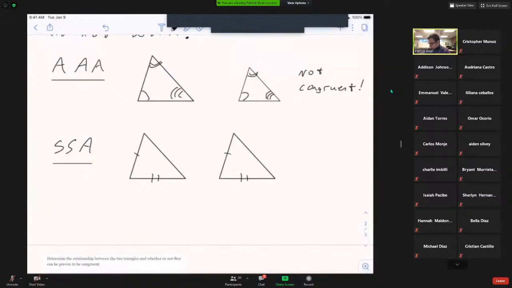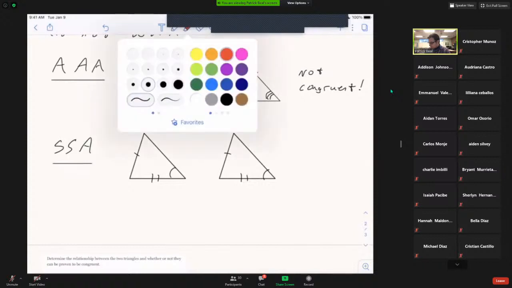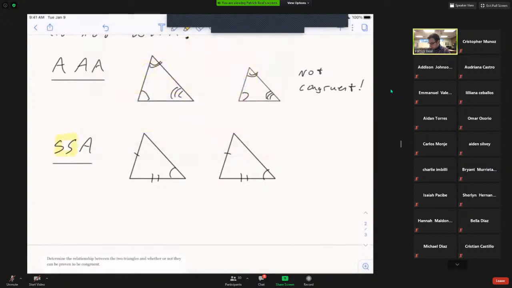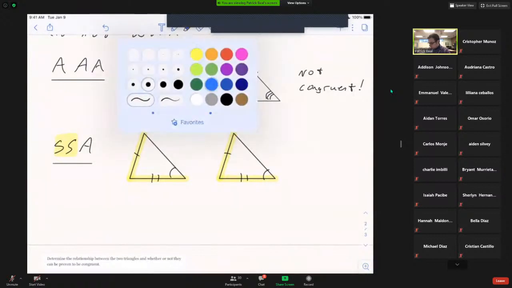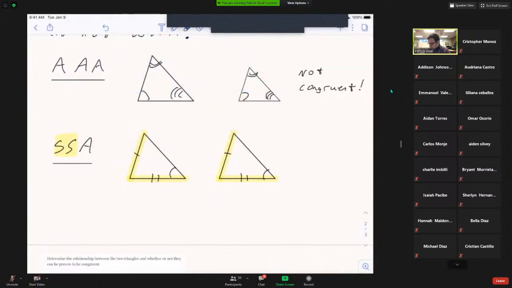Side, side, angle does not work. This is a shortcut that does not work. You should be aware of that.